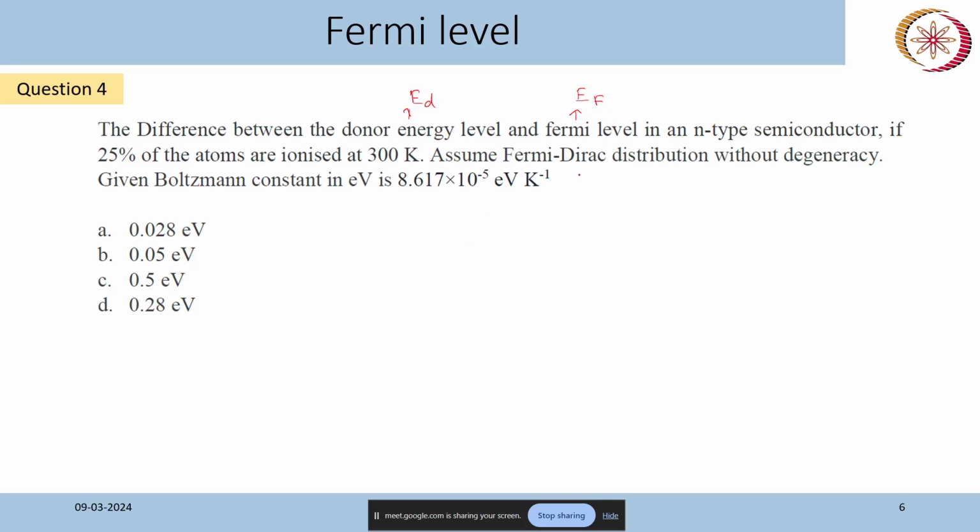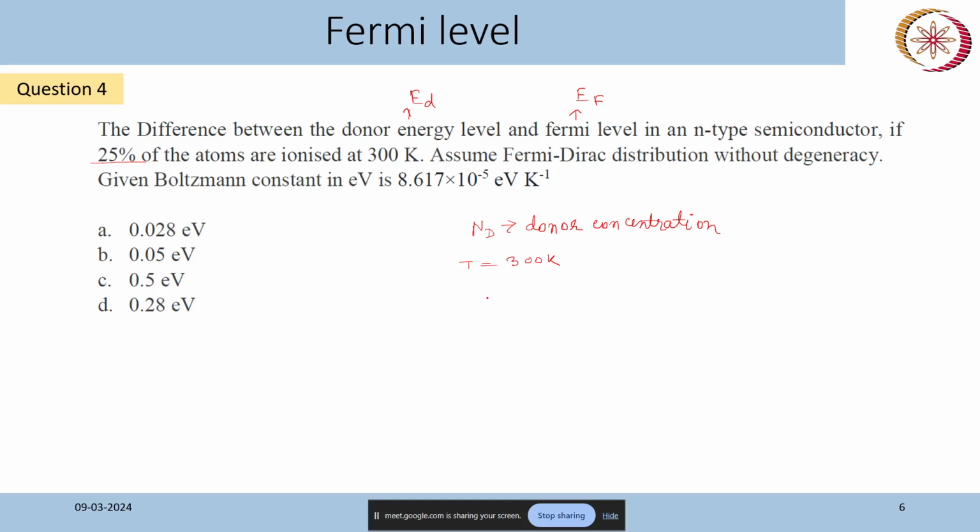This is in an n-type semiconductor, if 25% of the atoms are ionized at 300 Kelvin. If the donor concentration is denoted by ND, then in the question it is given that at temperature T equal to 300 Kelvin, only 25% of the total donor concentration is ionized.